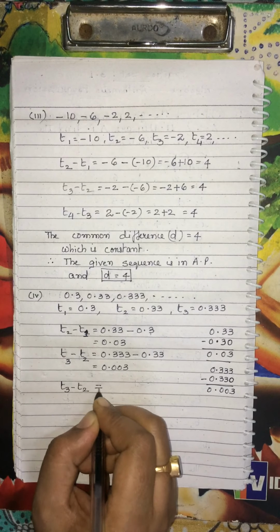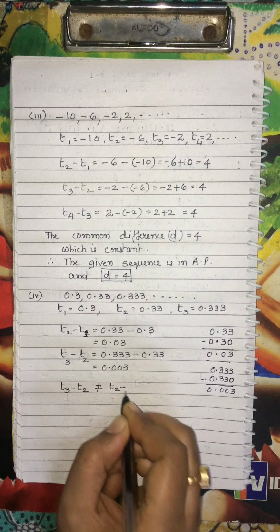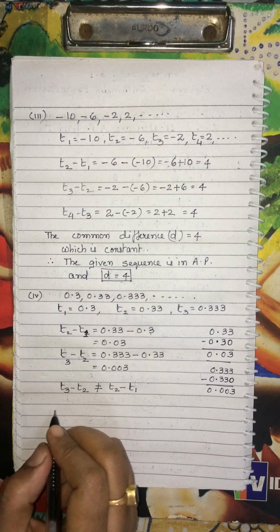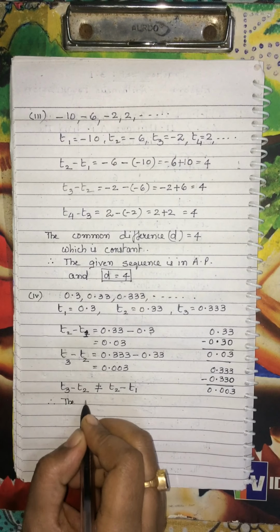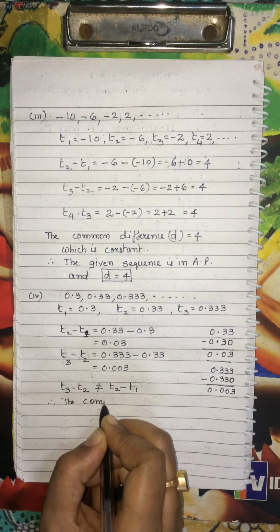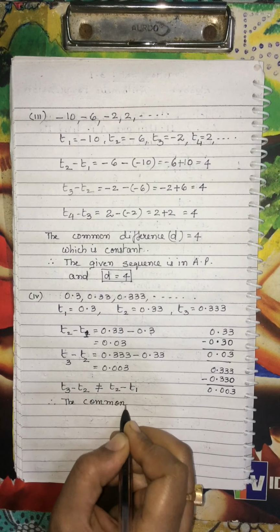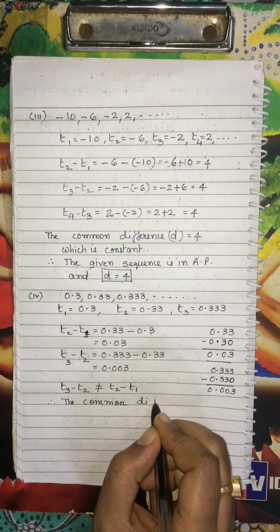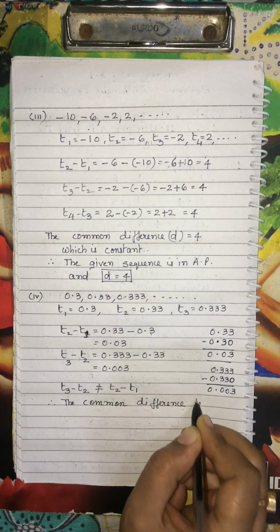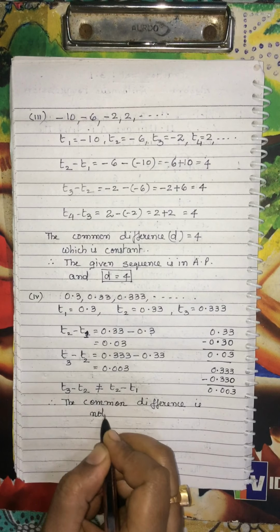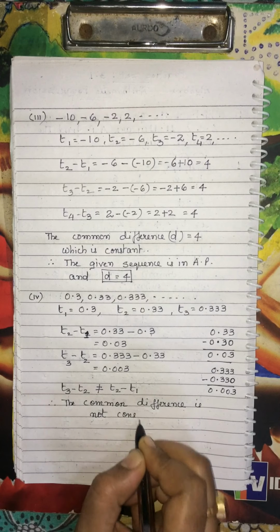T3 minus T2 is not equal to T2 minus T1. Therefore, the common difference is not constant. You have to write the statement compulsorily. The common difference is not constant.